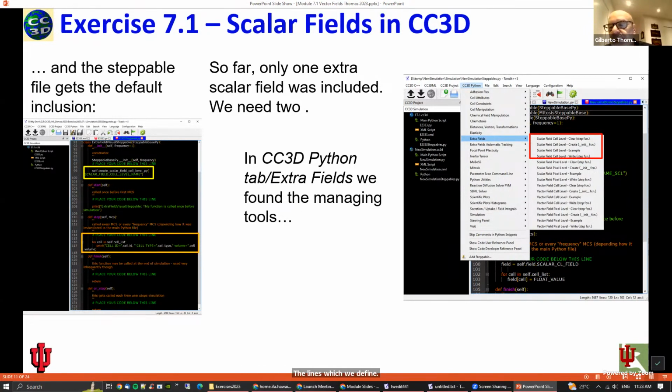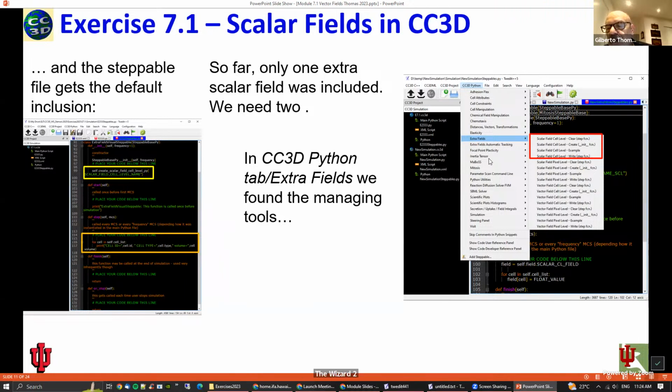In the first part here, you have four lines. One is an example. If you have difficulty, you can see the example. And in the first line, we include the line in the init part, which has already been included by the steppable wizard tool.